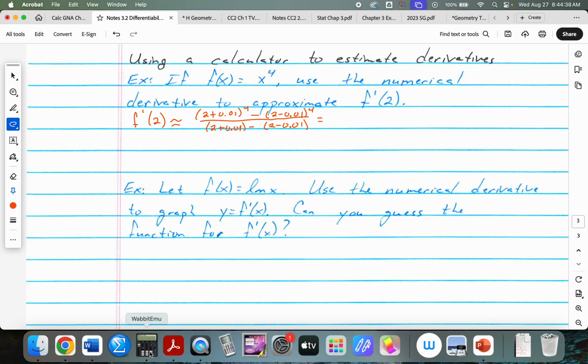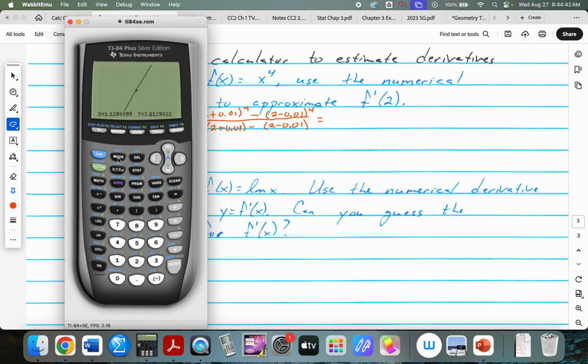So let's shove that into our calculator. I'm going to have 2.01 raised to the 4th minus 1.99 raised to the 4th over, when I do that subtraction, that's going to be 0.02.